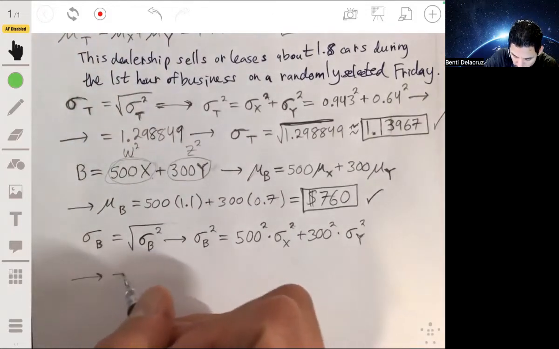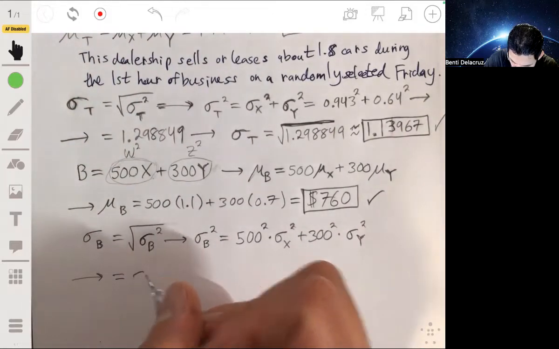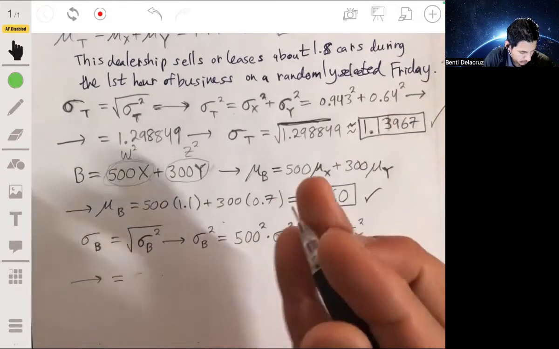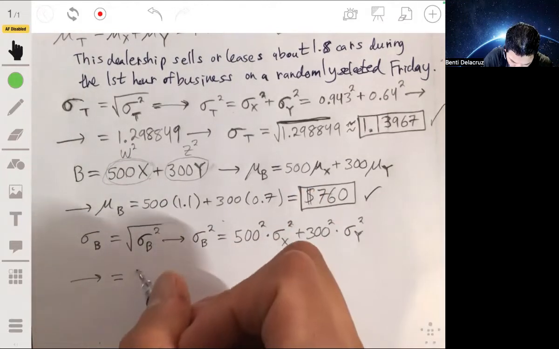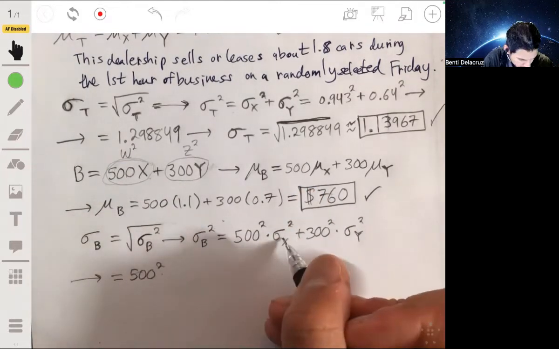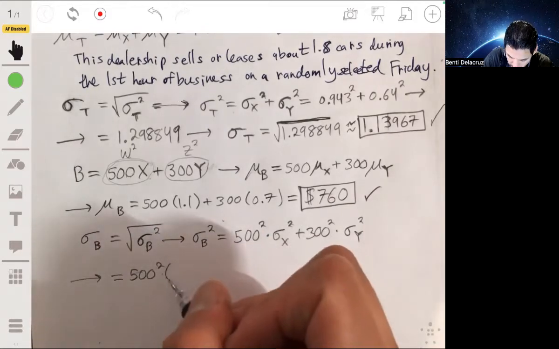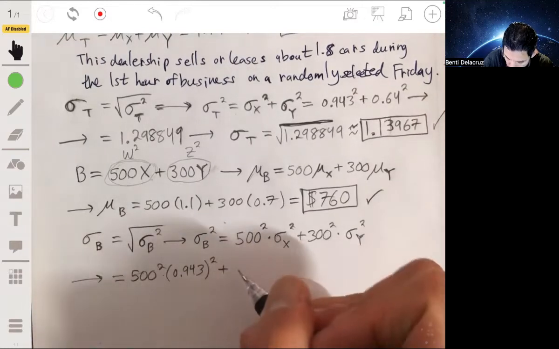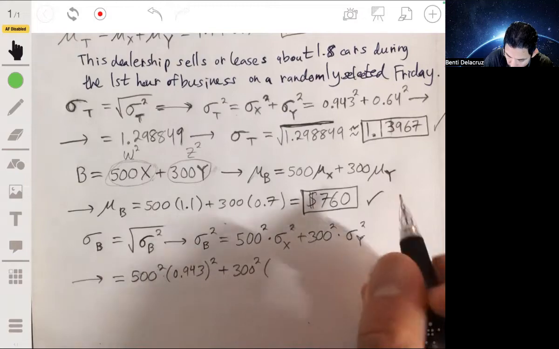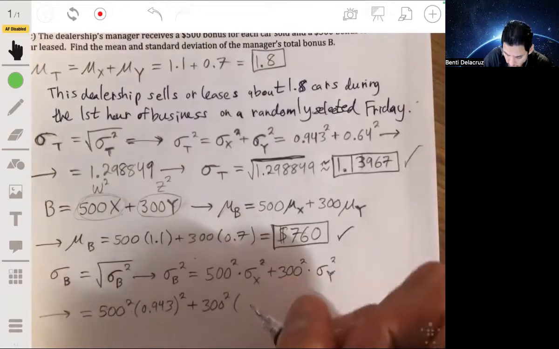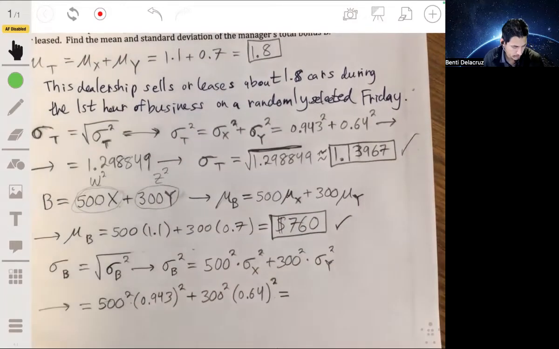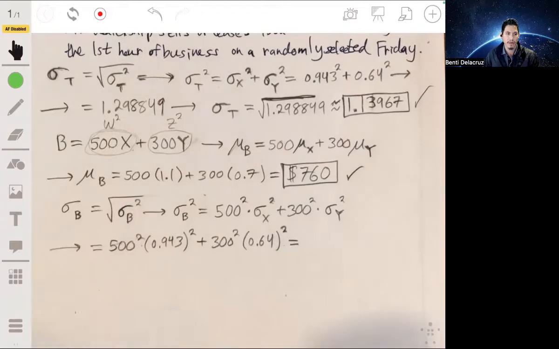And so working this out, you're going to get that the variance of B will be 500 squared times the standard deviation of X squared, 0.943 squared, plus 300 squared times the standard deviation of Y, 0.64 squared. And I'm going to work it all out on my calculator, so don't worry about the work.